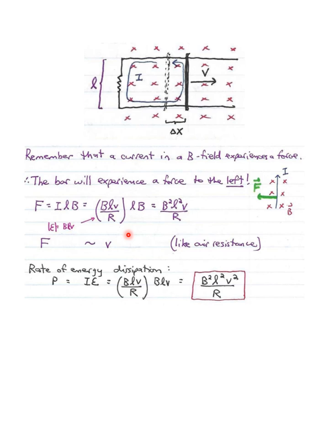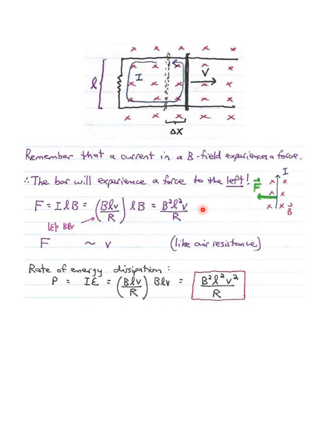And so the force that that bar feels pulling back to the left is BLv over R times LB. Putting all that together more concisely, we can say that the force that the bar feels, that pullback that it feels, is B squared L squared v over R. And notice that it's proportional to the speed. And that's kind of like air resistance is proportional to speed. So the faster we pull on that bar, the more resisting force we're going to feel.